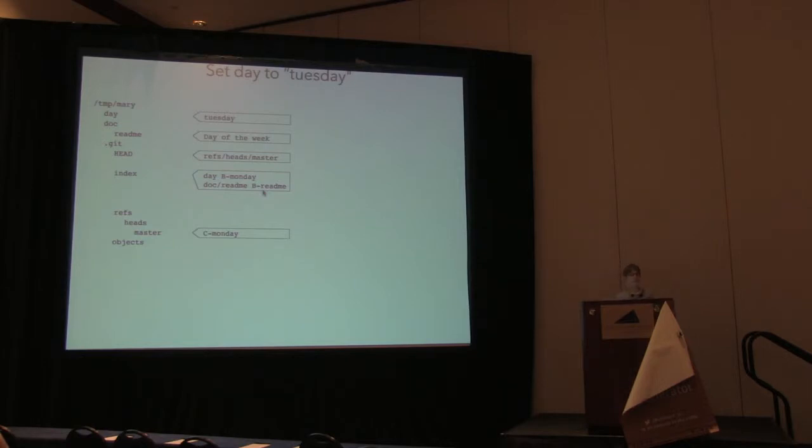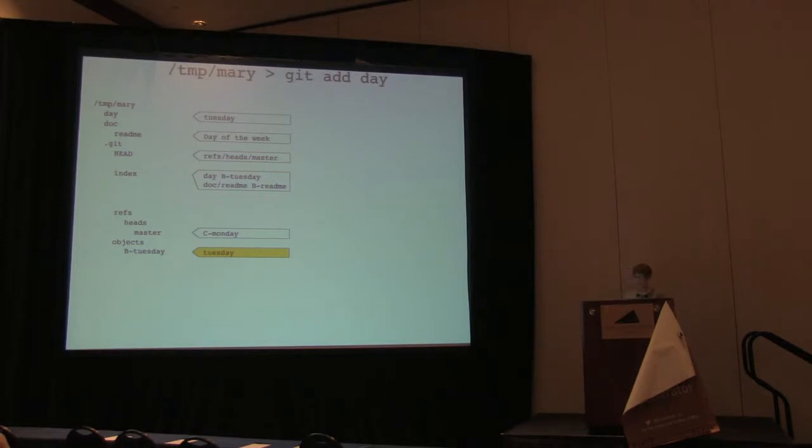Now, but we've made a change to the repo, so we need to update the index to tell it about that change, right? So the index is both a state of, okay, these are the files I care about, but it's also, hey, this is the state of the repo that I would like to turn into a commit. So to update the index with our change to Tuesday, then we just do git add day, okay?